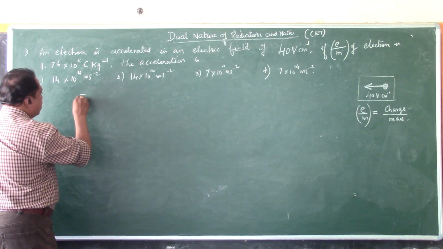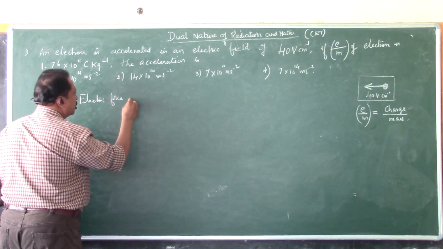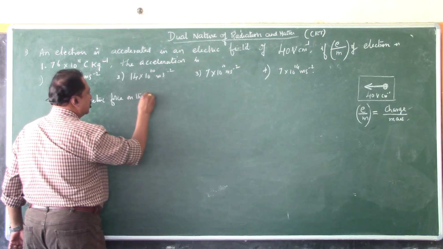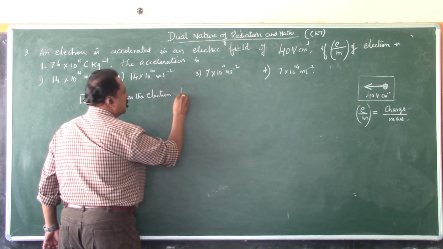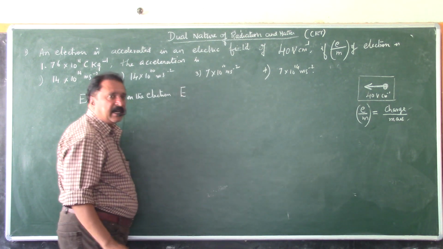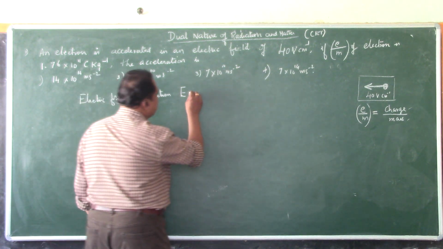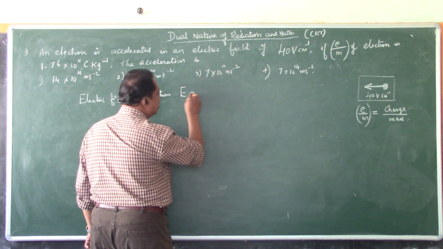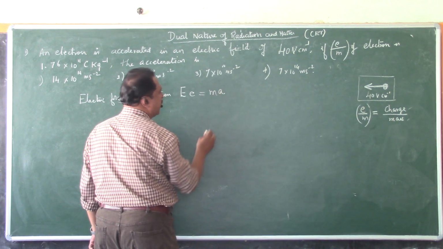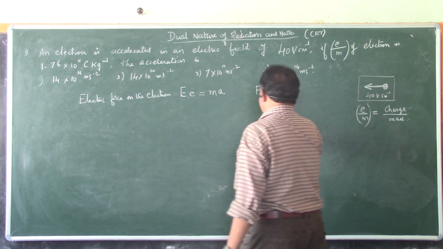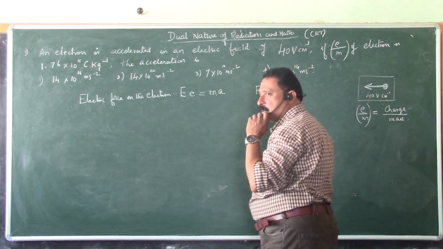So the electric force on the electron, if E is the electric field strength, is E into e, that is the charge of the electron, which should be equal to m into a, because F is equal to ma. This is nothing but the force exerted, which is equal to ma.